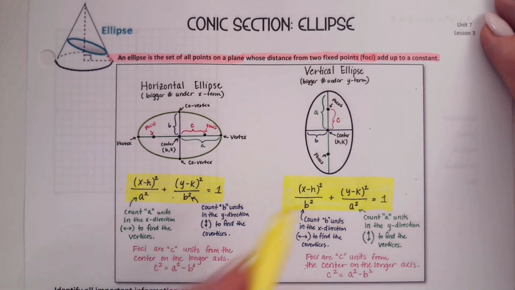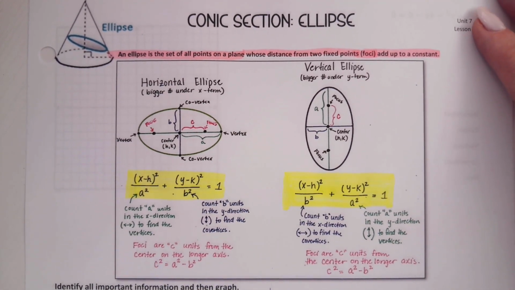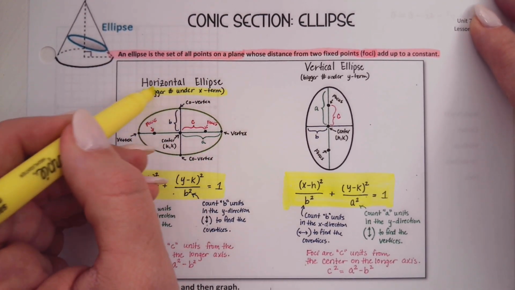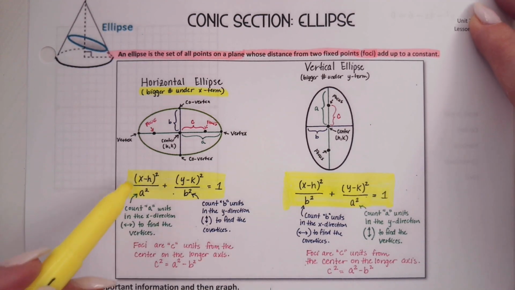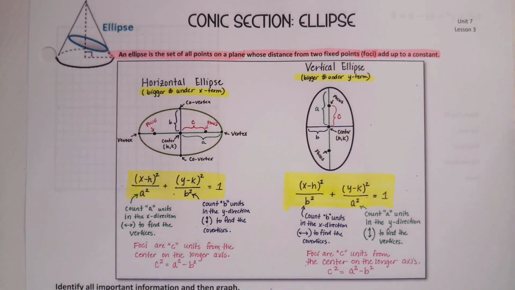The equations are kind of the same whether they face horizontal or vertical, and how I tell the difference is this: for horizontal, you're going to have a bigger denominator under the x term. If it's vertical, your bigger denominator is going to be under the y term. Wherever your bigger number is, if it's under x, it's going to be longer in the x direction, making it horizontal. If the bigger number is under y, it's going to be longer in the y direction, making it vertical.